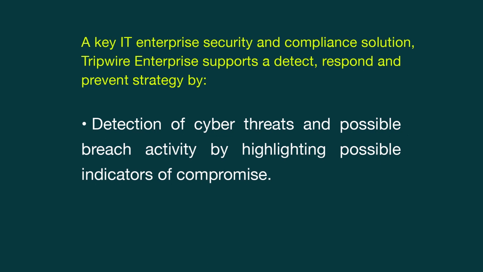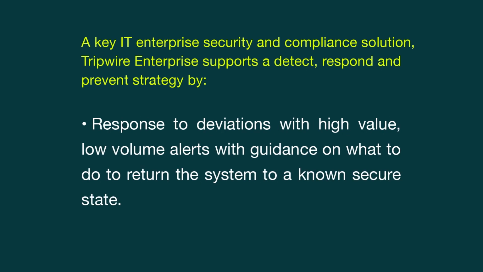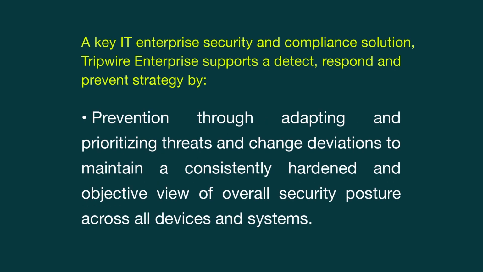Detection of cyber threats and possible breach activity by highlighting possible indicators of compromise. Response to deviations with high value, low volume alerts, with guidance on what to do to return the system to a secure state. Prevention through adapting and prioritizing threats and change deviations to maintain a consistently hardened and objective view of overall security posture across all devices and systems.